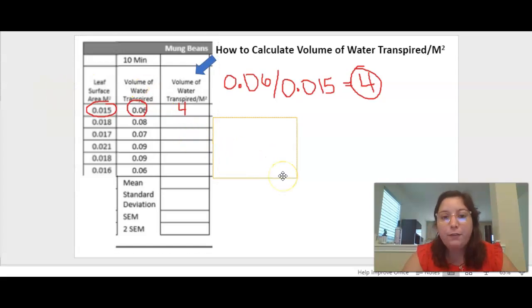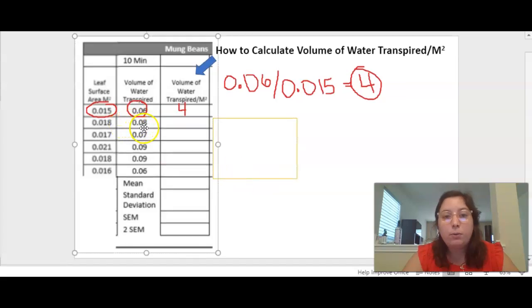Okay. If you were to do this for every single one, you would take the 0.08, and then you would take the 0.018, the 0.07, the 0.0117, sorry, 0.09, 0.021, 0.09, 0.018, 0.06, and 0.0116.